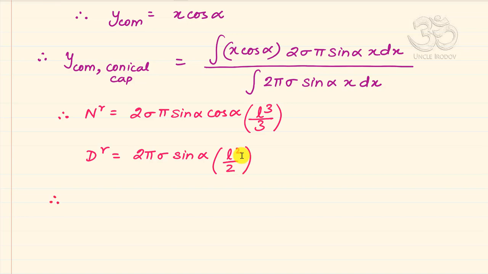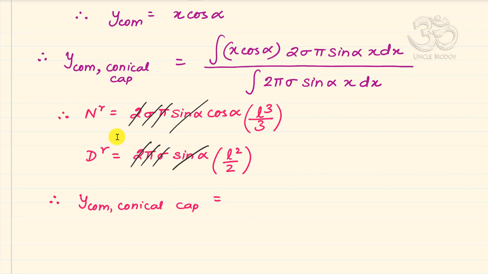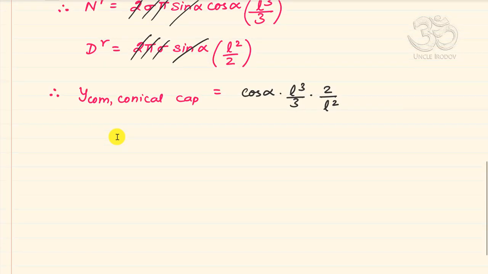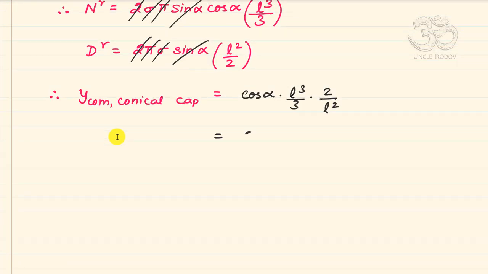And so therefore y center of mass of conical cap is, when you divide these two, a lot of terms will immediately go off, like 2 pi sigma sine alpha goes off. So you will just have cos alpha times L cube by 3 times 2 by L square, and it will give you 2L cos alpha by 3.